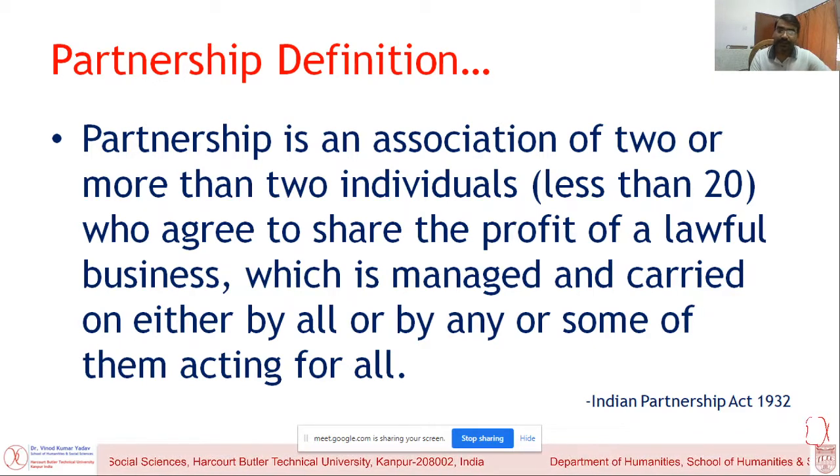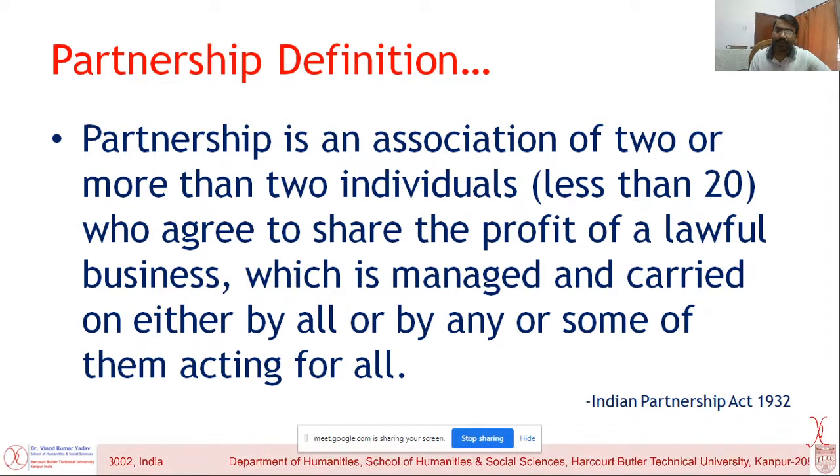A partnership firm is usually an extension of sole proprietorship. Why is it an extension of sole proprietorship? Because in sole proprietorship there is a problem of limitation of funds. Second, there is a problem of span or scope of expansion.